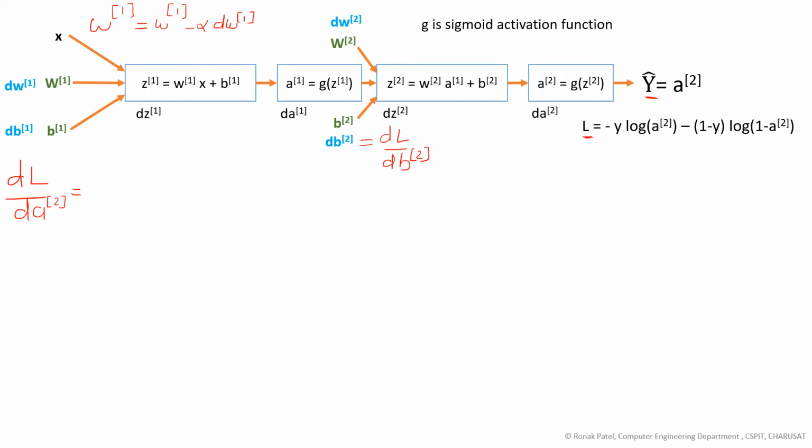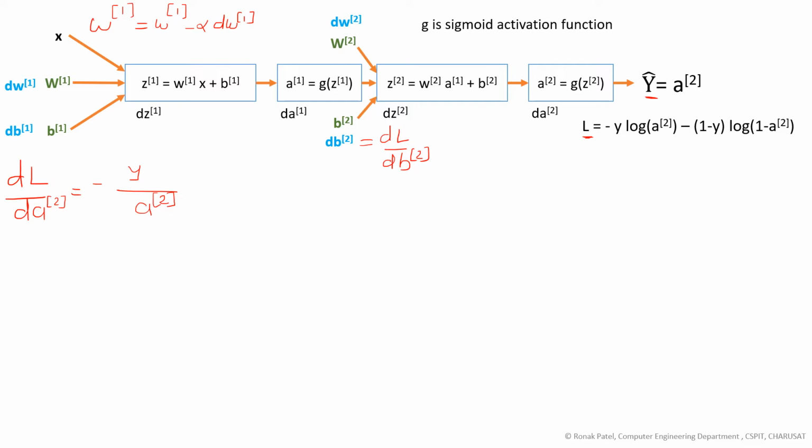If we find the derivative, minus y is the constant term, and the derivative of log x is 1 upon x. Based on that, the derivative of log a2 will be 1 upon a2. So this is the first term.